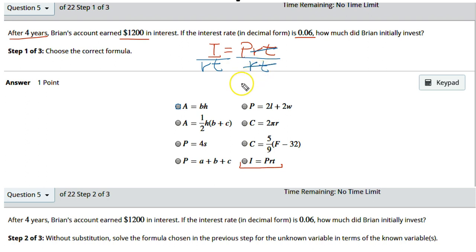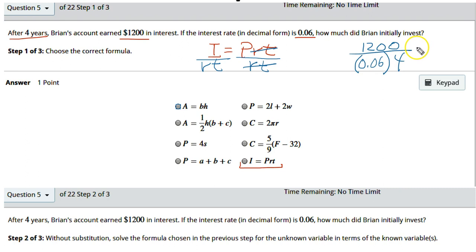Now a little later they're going to ask us to solve, and what would the answer be? So let's do that. So our interest we know is 1,200. That's our I. We know the rate is 0.06. And we know the time for T is 4.